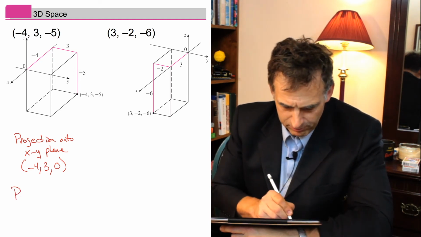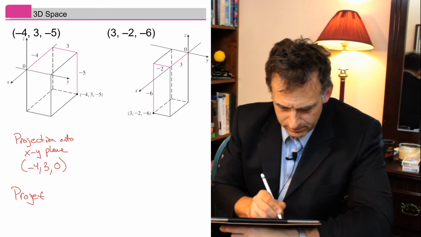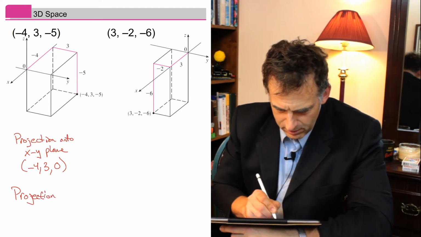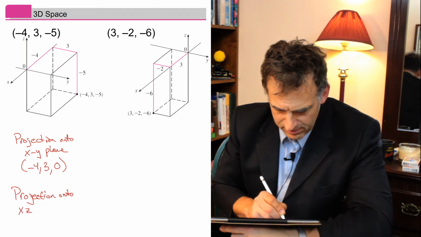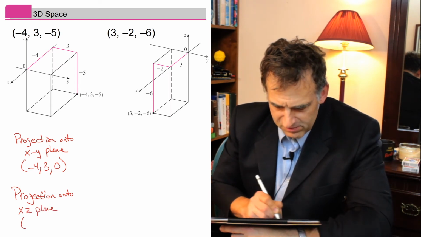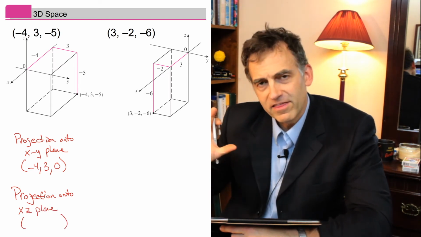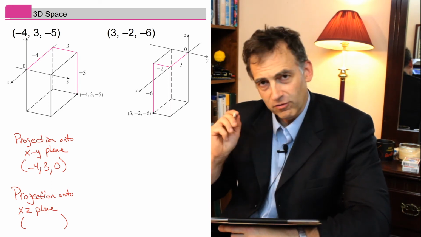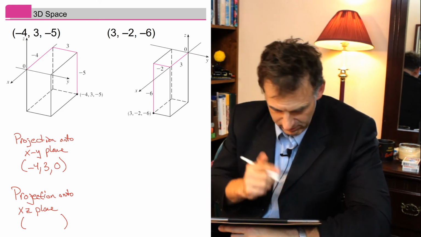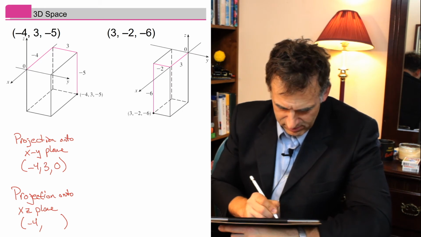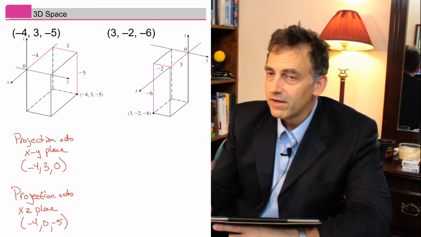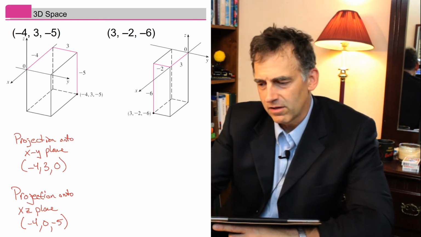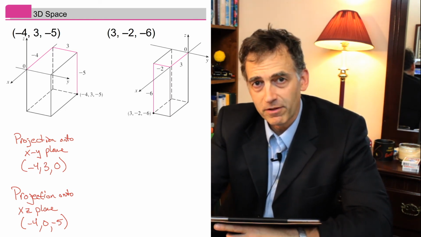Here's another example, projection onto, how about the XZ plane? So in this case, we're going to flatten this in the y direction, so we get rid of the y coordinate, and we push this up against the xz plane.